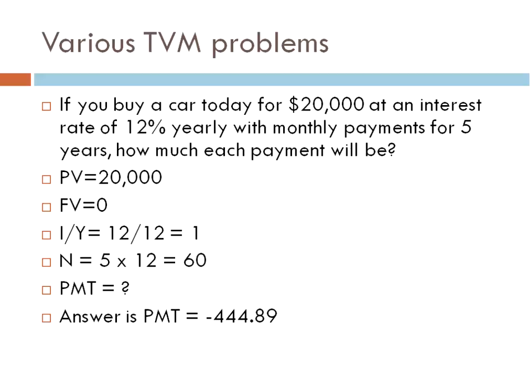If you enter all of the numbers correctly, you'll see that the payment will be a negative $444.89. In other words, if you pay $444.89 a month for the next 5 years, you will pay off this $20,000 car that you bought.